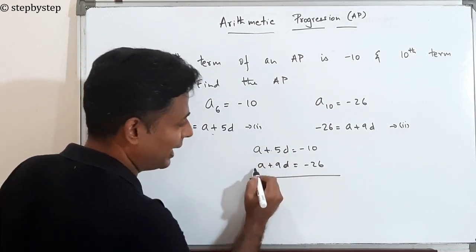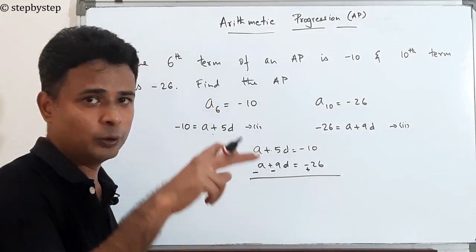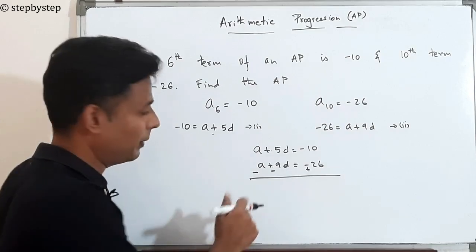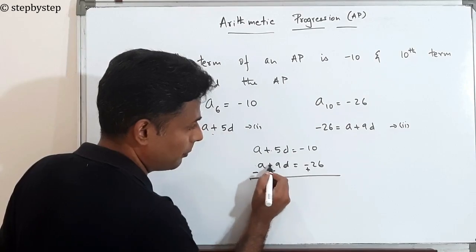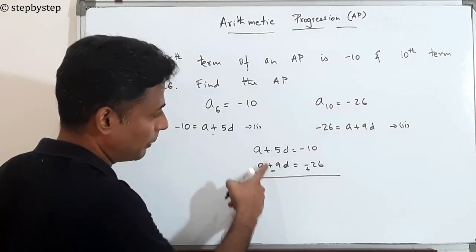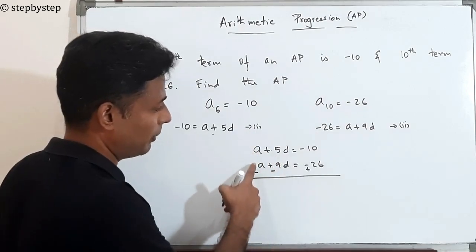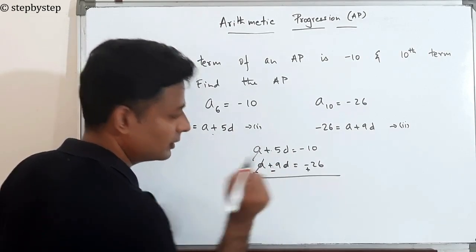So what happens when I subtract? The signs will change. You remember, no? When you do minus, the signs will change when you open the bracket. So minus will become plus, plus will become minus. What am I doing? I am subtracting this minus this. So A minus A becomes 0.